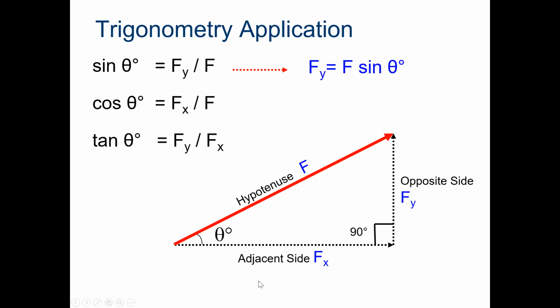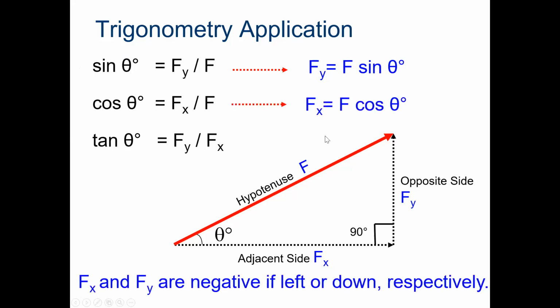And if you wanted to find the value for your adjacent side, force component Fx, you would use cosine: Fx divided by your hypotenuse, or force, and do some simple algebra to solve for Fx. All right, and take a look at this caption in blue. Fx and Fy are negative if left on the x-axis or down on the y-axis, respectively. Okay, so don't forget that.